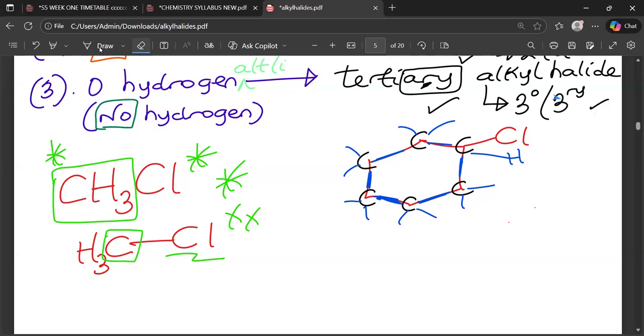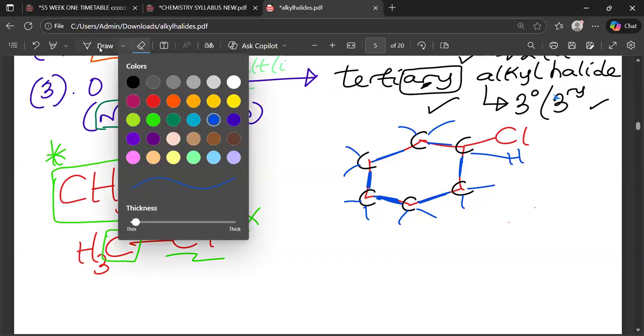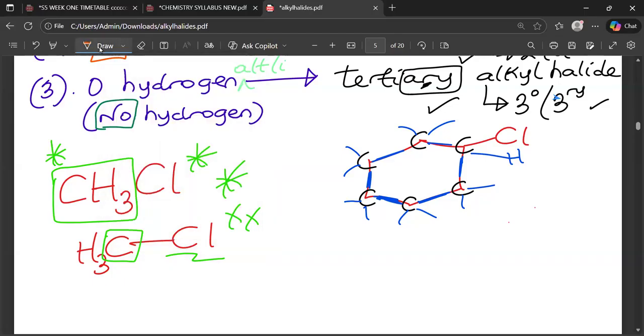So it exists. When you look at this, we don't have any alkyl group here. I cannot see the methyl, the ethyl, the isopropyl, the propyl, or the tert-butyl. They are not there. It is just a ring.